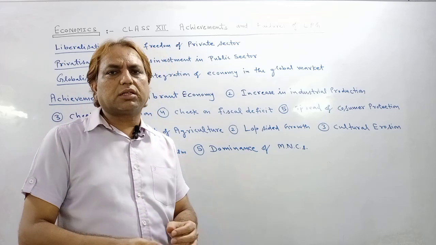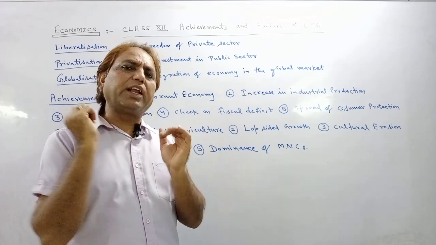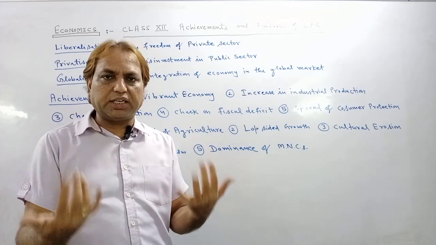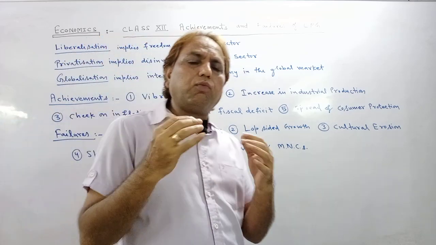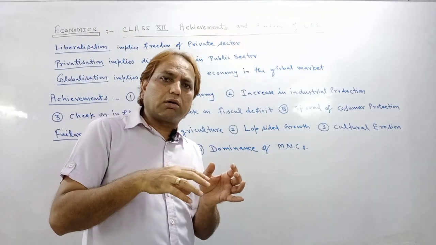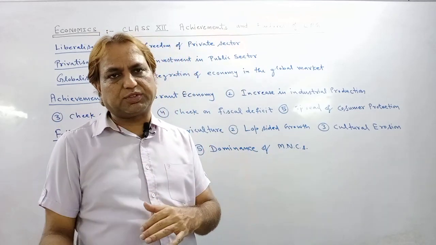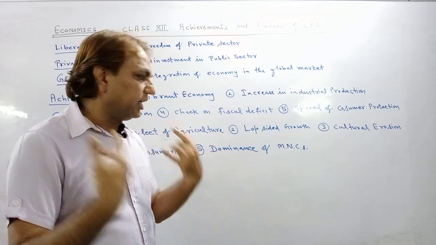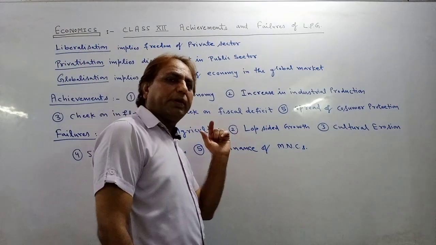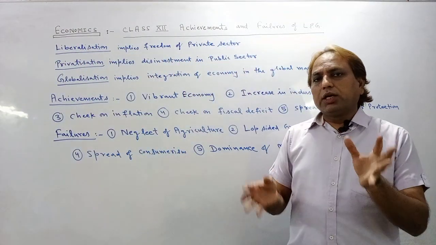Even the middle class was behind spending money. Spending money means consumerism. It started, and people were after consumption only. They got away from savings and investments, which was not a good sign, and it is a negative point of LPG.